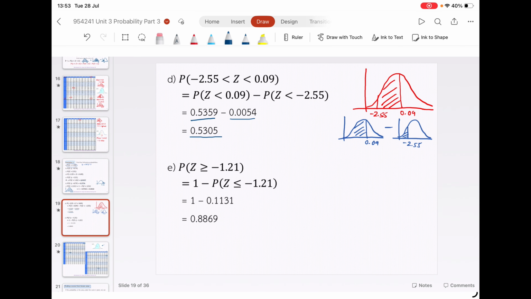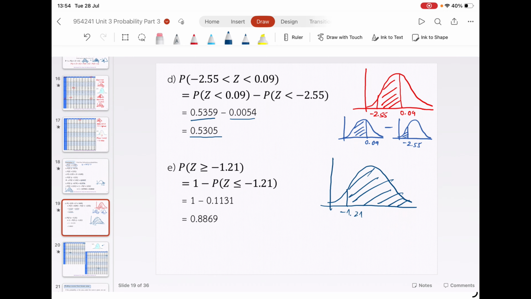Now part E, looking for probability of Z greater than, oops, sorry, not on this side, on the negative side is here, minus 1.21, and find this area. So it's going to be more than 0.5, more than a half.